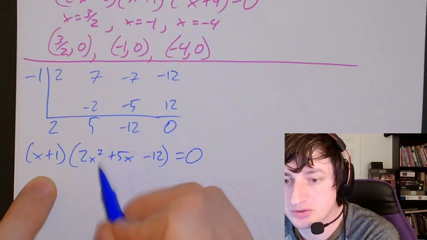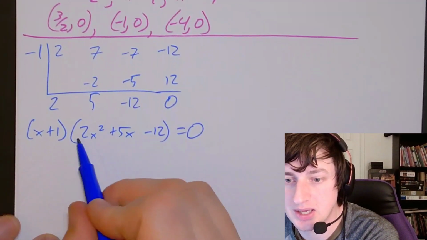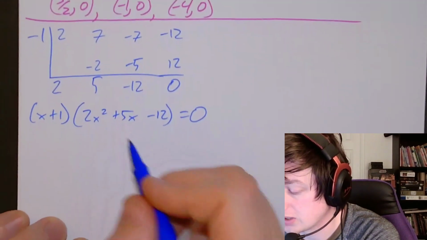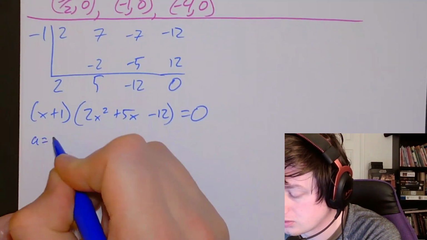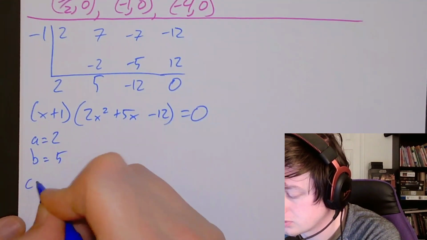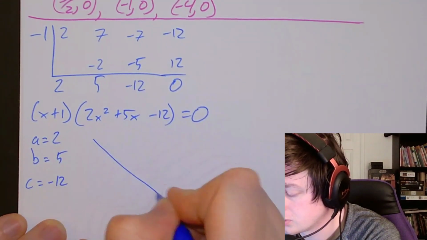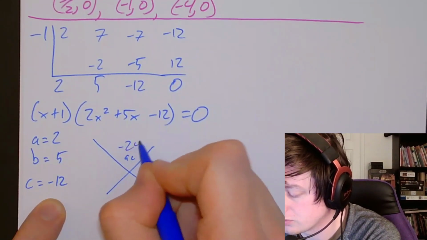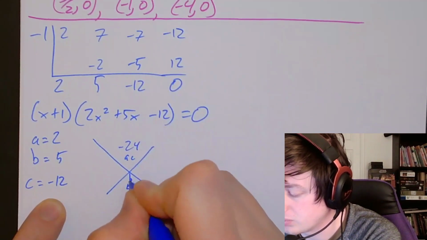So we have to factor this using the Xbox method, but A is not 1, it's 2. So we have to use the box. B is 5, C is negative 12. So we need two numbers that multiply to make AC, which is negative 24, add to make B, which is 5.